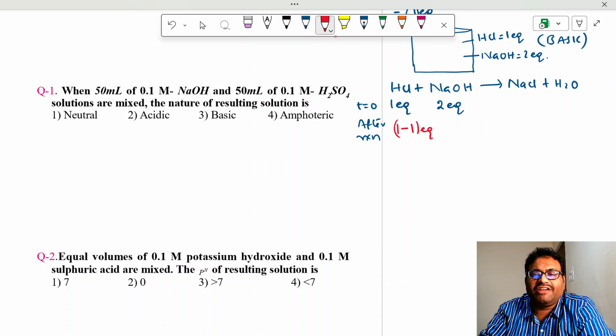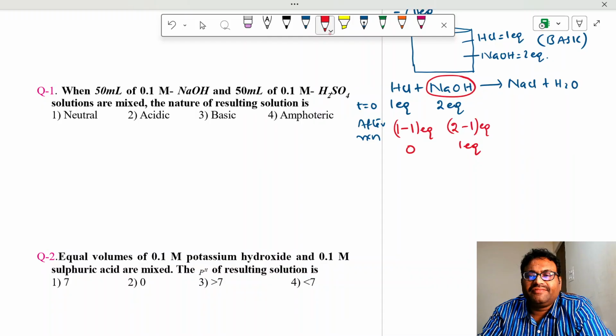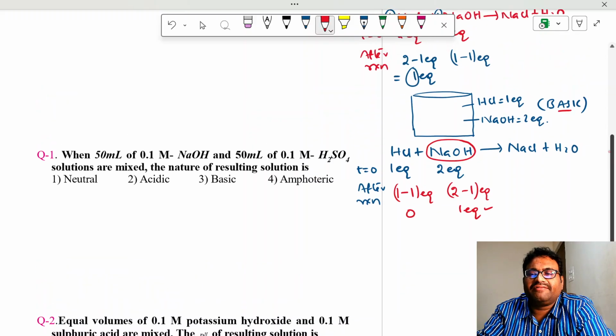So 1 minus 1 equivalent, here 2 minus 1 equivalents, that is equal to 0 here. Whereas here, how many equivalents remain? One equivalent of base remains. As base remains, it will be basic.